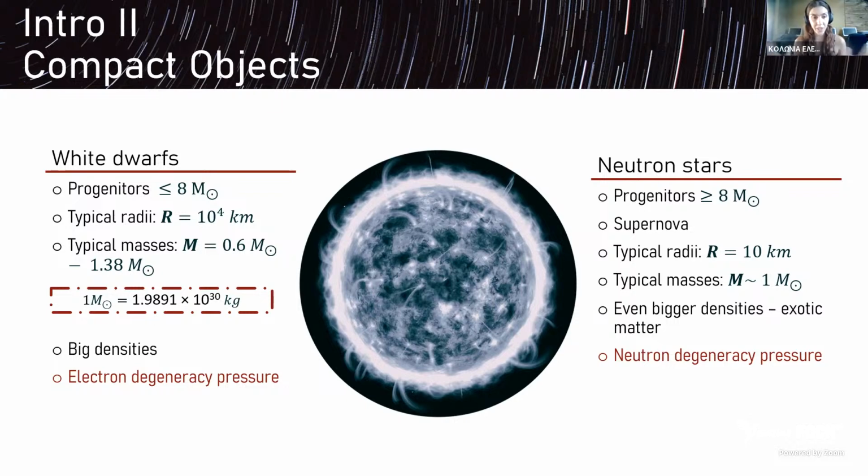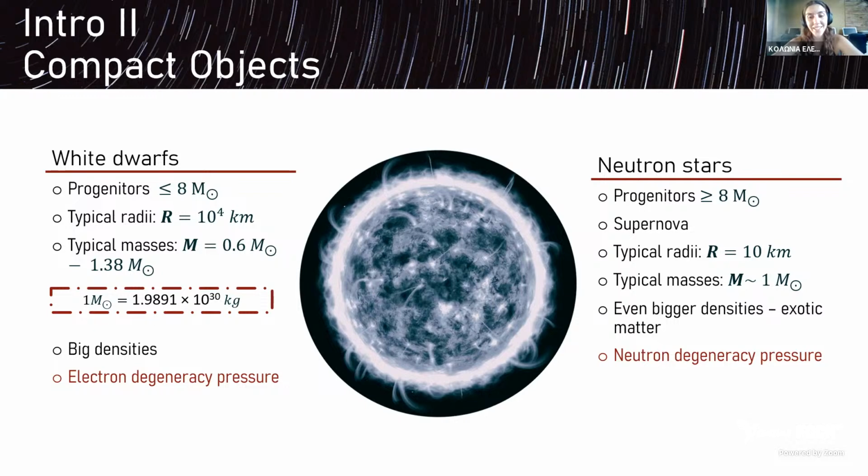And just to give you an intuition of what's going on, it's as if all the mass of the sun could fit into the size of the Earth. And the same goes for neutron stars. They are formed from significantly larger in mass stars, and they are formed during a supernova, a really violent phenomenon. And typical radii for these stars are 10 kilometers, whereas masses are about 1 solar mass.